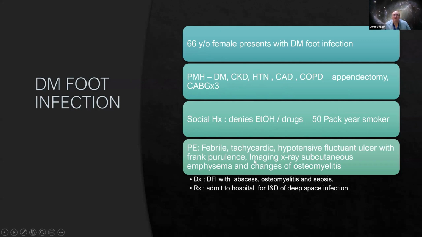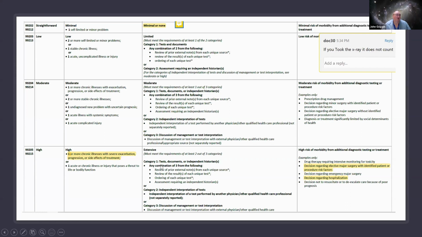You see some subcutaneous emphysema, changes of osteomyelitis. So this is a patient with an abscess and sepsis, and you admit them to the hospital and plan to take them to the operating room. Right off the bat, this is a patient with a severe exacerbation of their chronic disease, that being the diabetes and/or the diabetic foot infection, depending on whether this is the first time they presented with the foot ulcer.